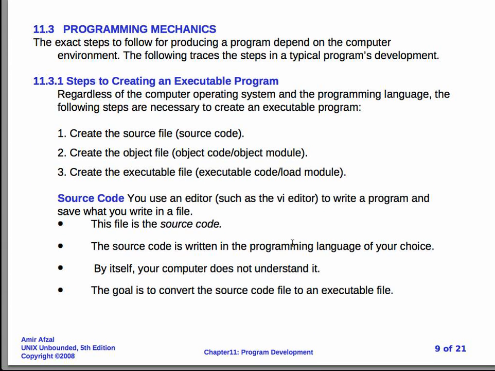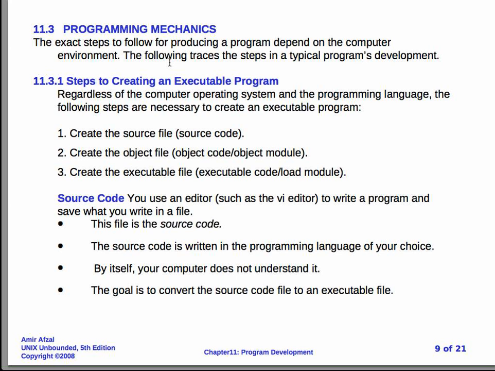Basically, the idea is that you want to program in a high-level language, but you want to end up eventually with machine language code, because that's what the computer can execute. The exact steps to follow for producing a program depend on the computer environment, basically the operating system. Windows techniques are different from Linux or Mac OS X, but the idea is basically the same.